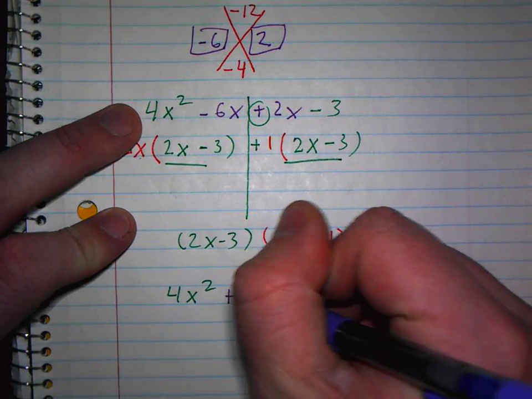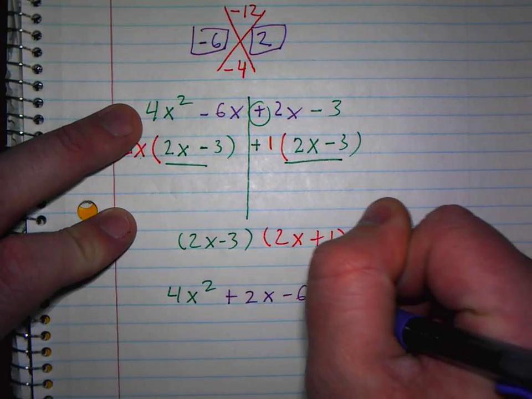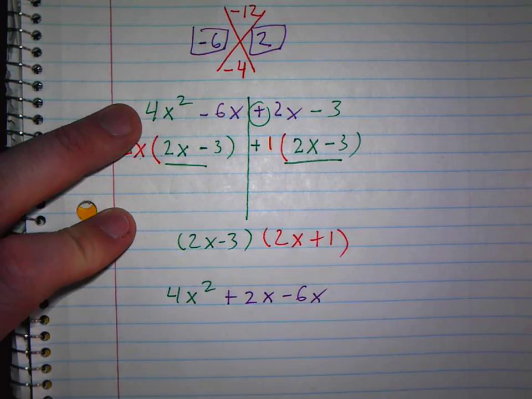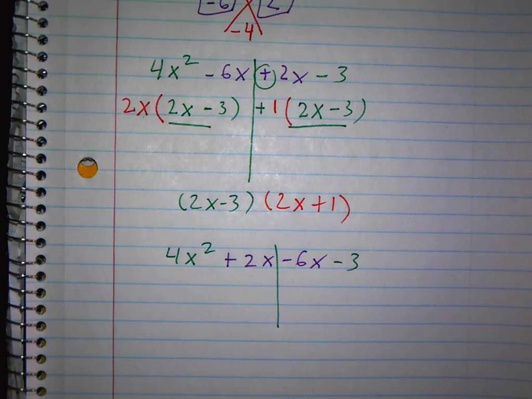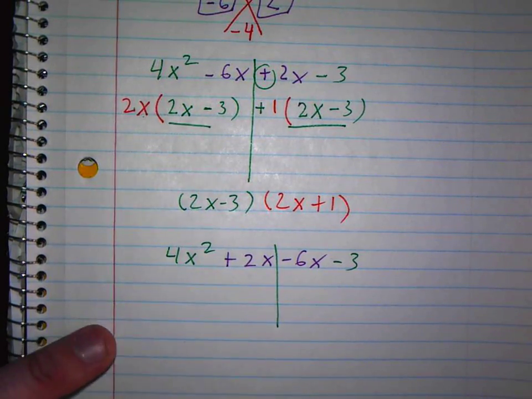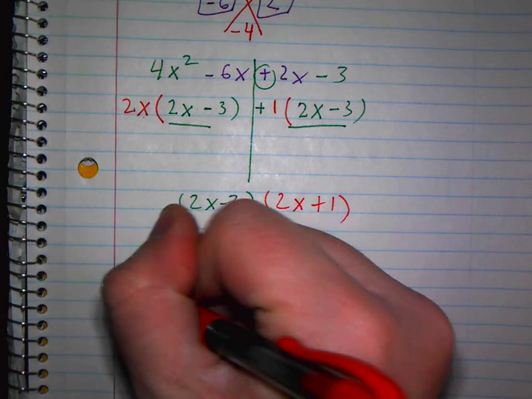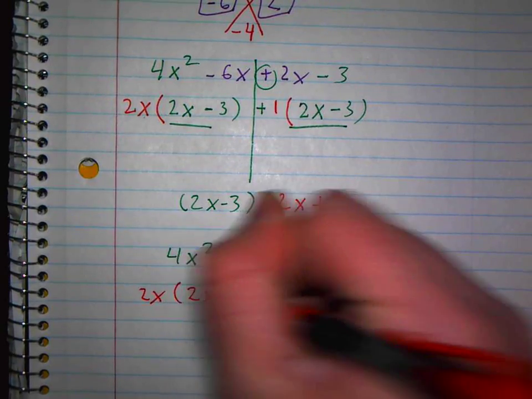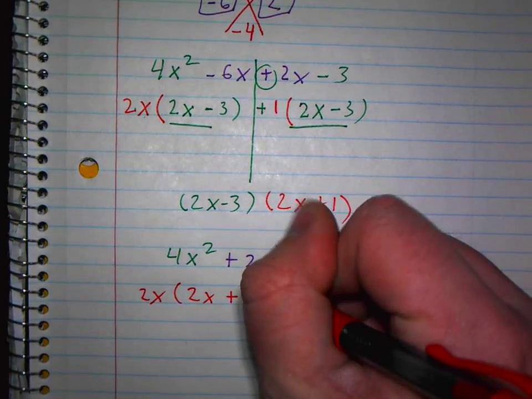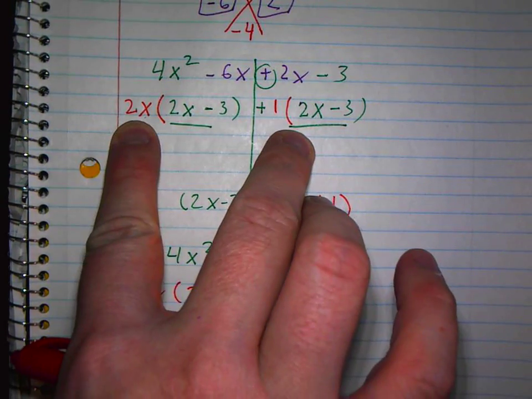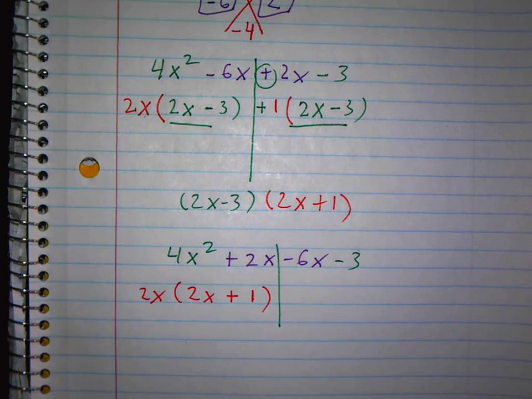I just want to show you that you'll get the same thing. So I'm going to go through this a little faster. So when you split this in half, the GCF is 2x, leaving 2x plus 1, right? Notice it's just backwards.